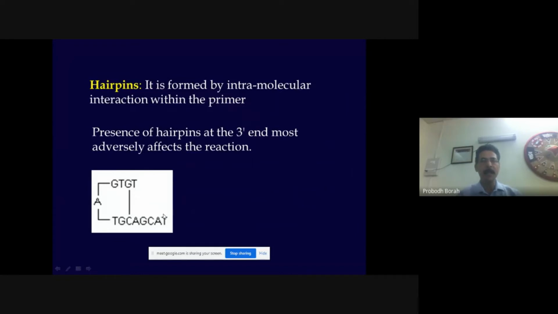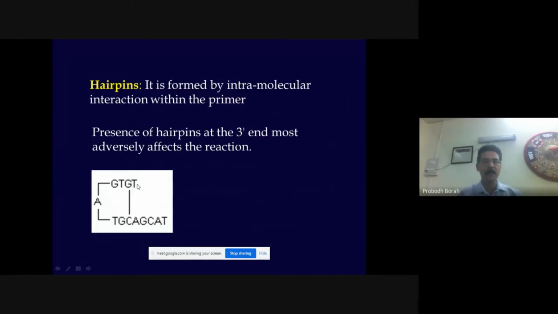They can get folded like this, and they may have a tendency to get annealed to each other. One end of the primer may get annealed to another end of the primer like this. So it will form a structure similar to a hairpin, and therefore it is called a hairpin interaction.